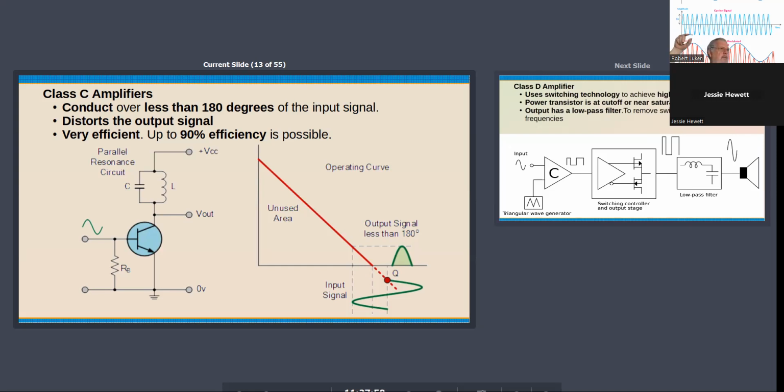So it's a narrow frequency amplifier. It's not broadband. It can only operate within the bandwidth of that tuned circuit. And it just keeps the tuned circuit going, and that's where you get your amplification. And it's conducting for less than 180 degrees.